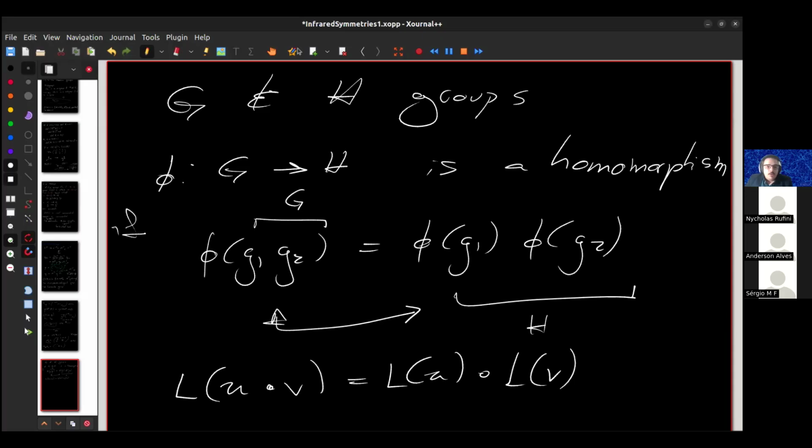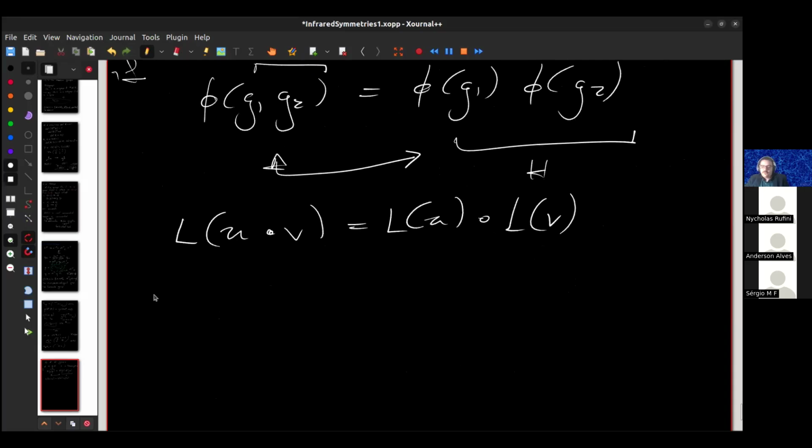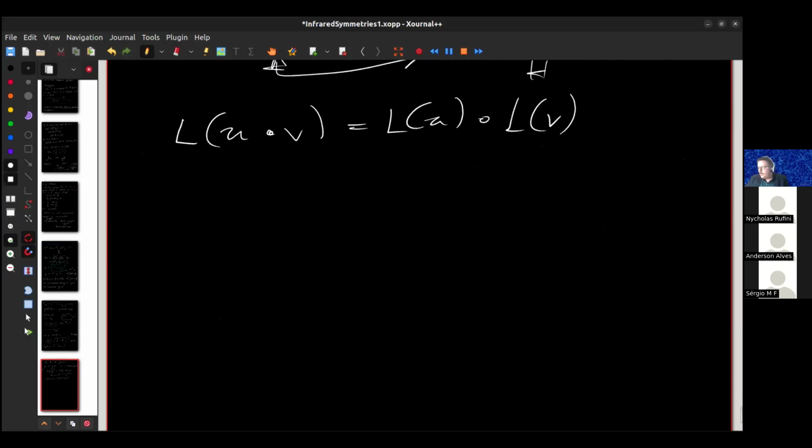Okay. So a homomorphism is the group theoretical version of a linear transformation. In fact, homomorphism is a general name for these sorts of things, and you could actually call a linear transformation a vector space homomorphism. So this is what we call a homomorphism. Then we have also what we call an isomorphism.